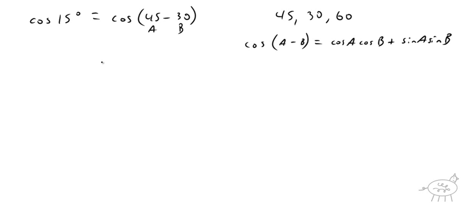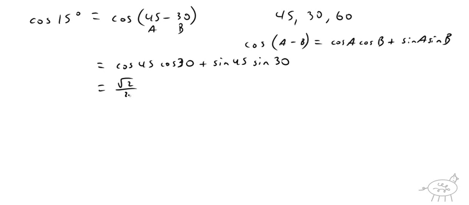So when I plug it into the equation, I get cosine of A, which is cosine of 45, cosine of B, which is cosine of 30, and then plus sine of A, so sine of 45, sine of B, which is sine of 30. That's all you do, and then we got to figure these out.